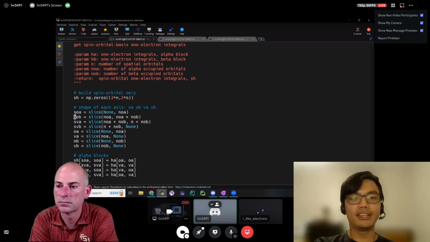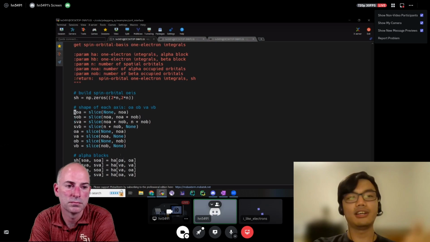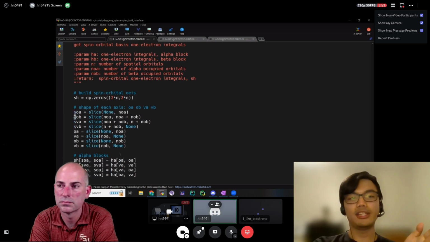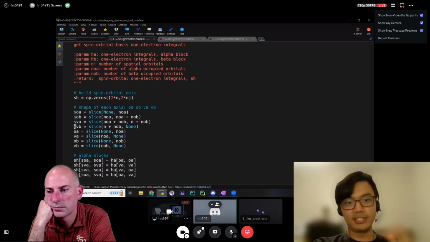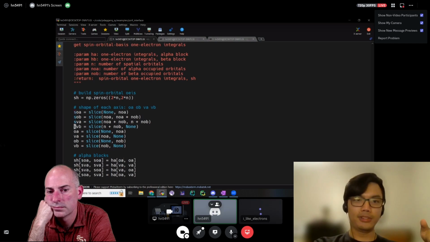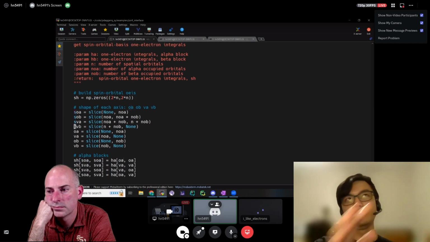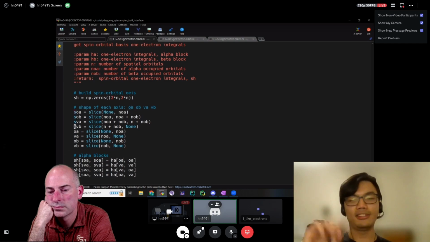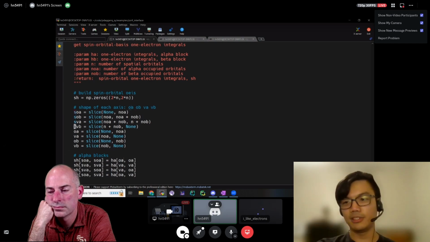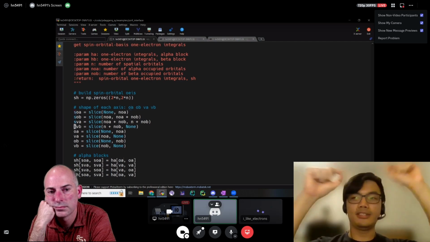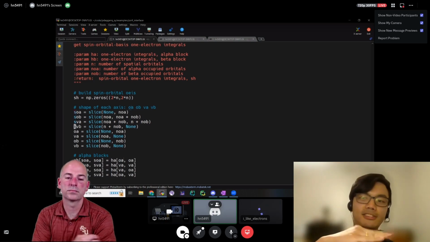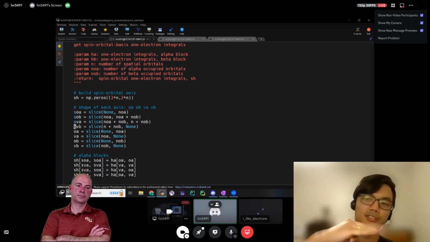And so I just basically defined new slices in terms of alpha and beta occupied and virtual indices. And now the shape of its axis is going to be ordered in this way. This is also something that different codes handle differently. I know there are codes that do alpha beta alpha beta alpha beta and then just go in order of spatial orbitals.